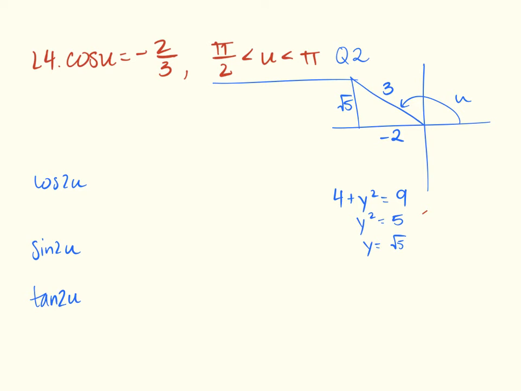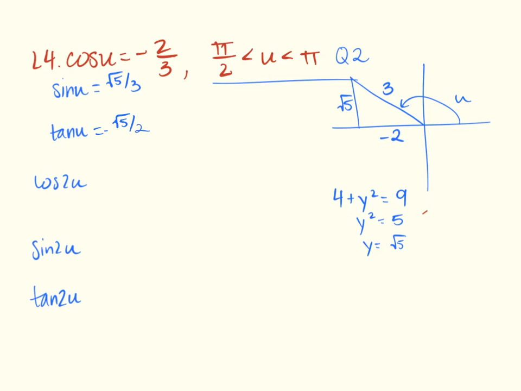We don't have 2u. 2u is a different angle, so we're going to have to use the double angle formula. Now, in order to use the double angle formula, we need to find sine and tangent of u. So first thing we're going to do is find sine of u and tangent of u. Sine of u is opposite over hypotenuse, so this is going to be square root of 5 over 3. And tangent of u is opposite over adjacent, so this will be negative square root 5 over 2.